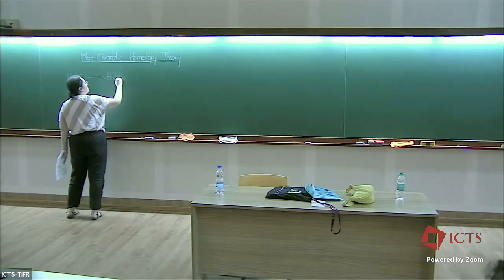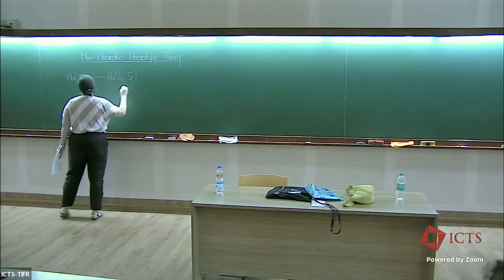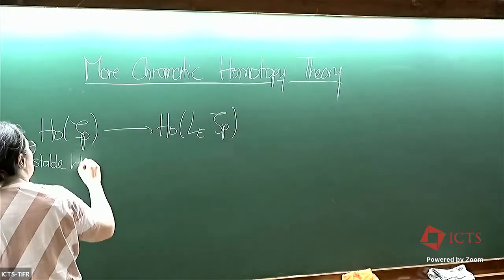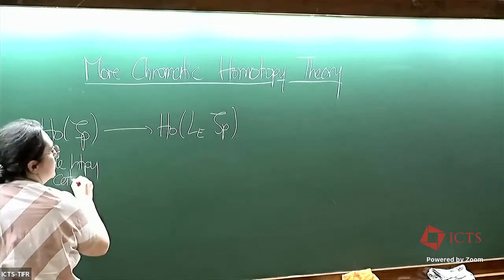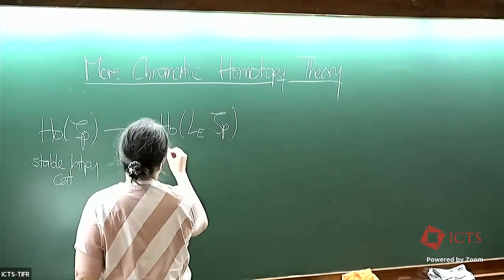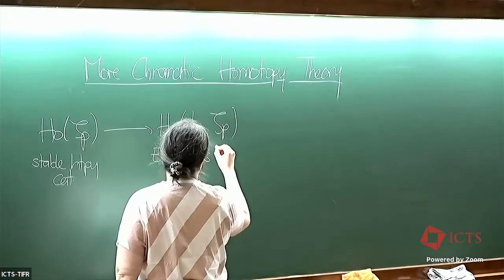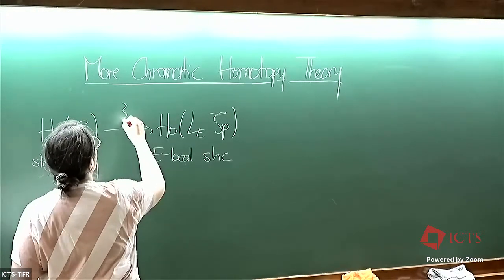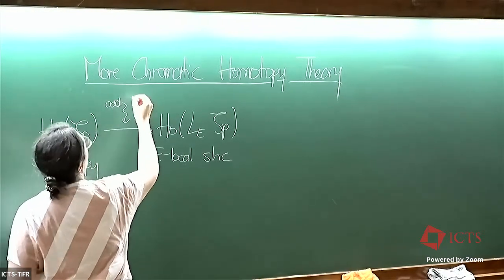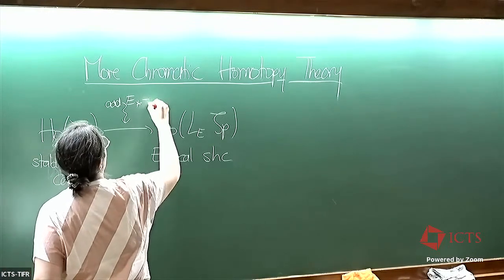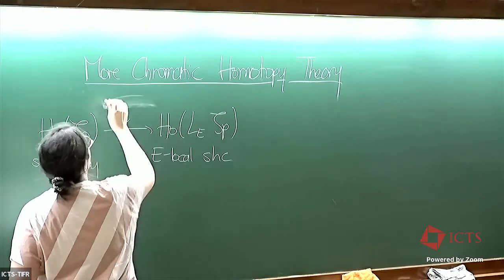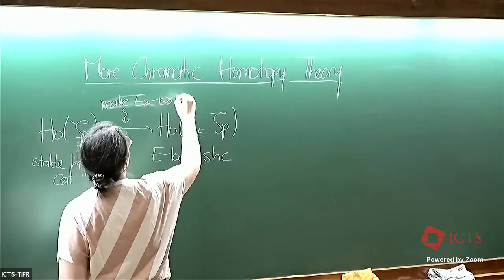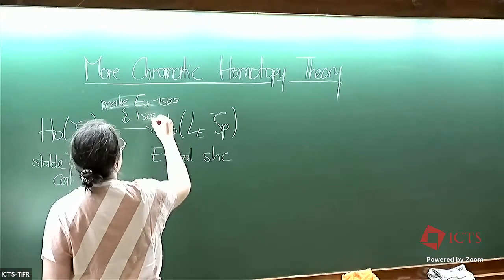So when you pass from the stable homotopy category to the E-local stable homotopy category, we did so by formally making the E-star isomorphisms actual isomorphisms in here.